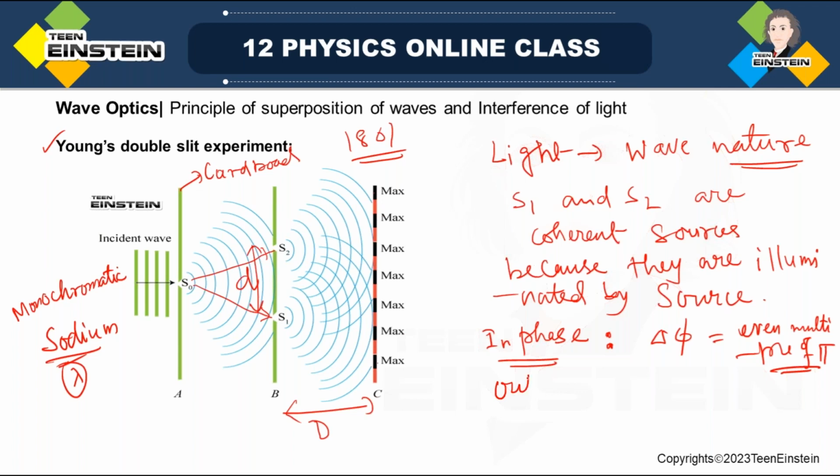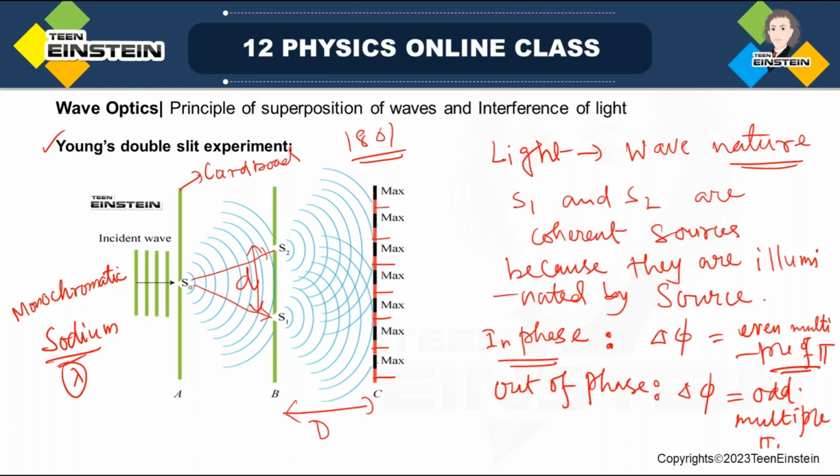When the light waves meet out of phase, that means delta phi is an odd multiple of pi, as we discussed in the previous slides, there will be dark regions, or minimum intensity.